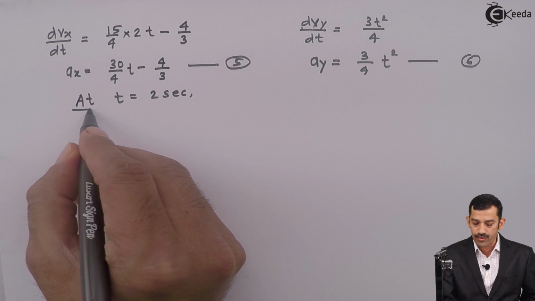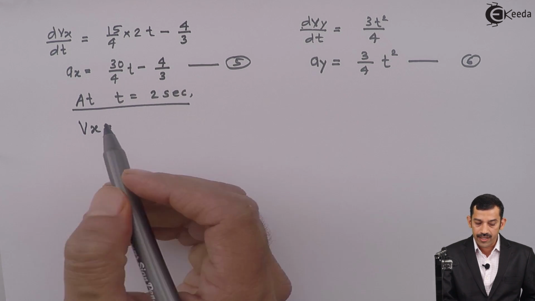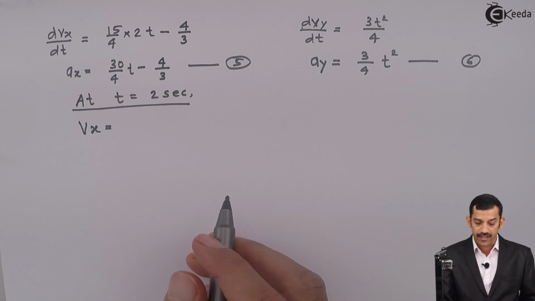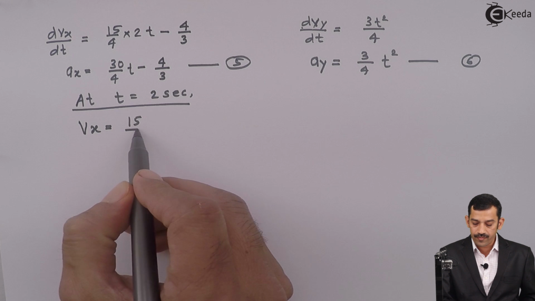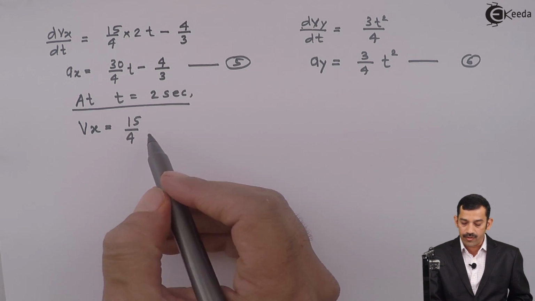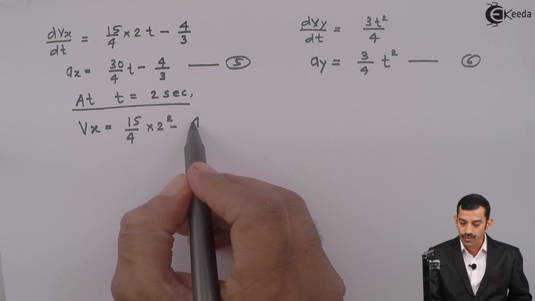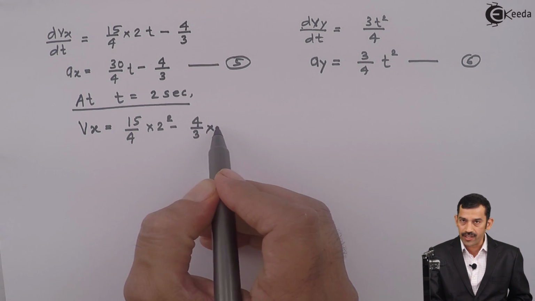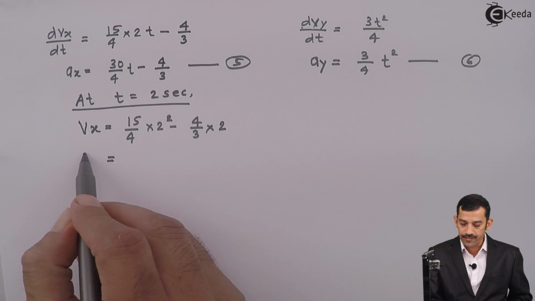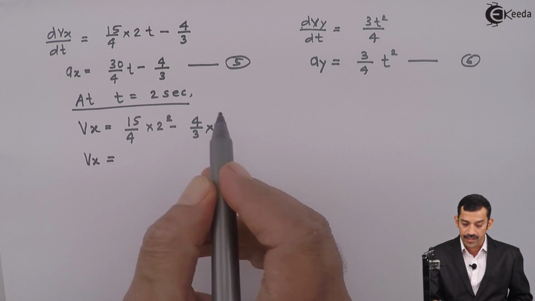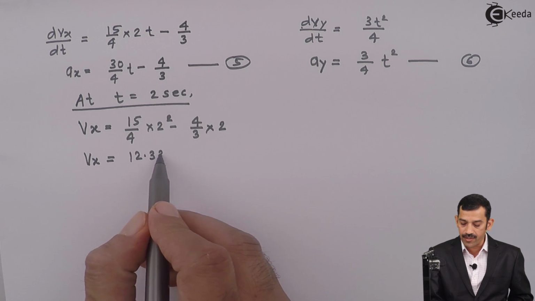At t equal to 2 seconds, Vx, the component of velocity along the x-axis, becomes 15 by 4 into 2 square minus 4 by 3 into 2. Using a calculator, Vx is 12.33 meters per second.